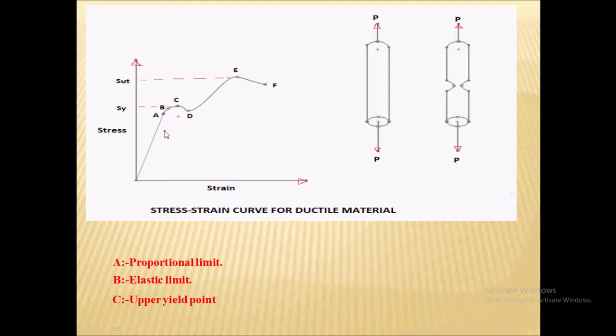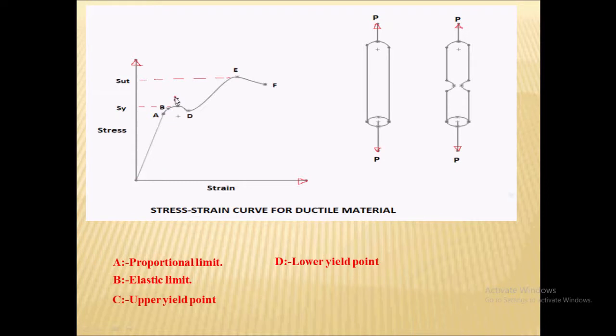The value of stress corresponding to point C is called the yield strength or yield stress, and the stress at this point C is considered to be the maximum stress in case of ductile material. Now after that there is a point D, which is called the lower yield point.